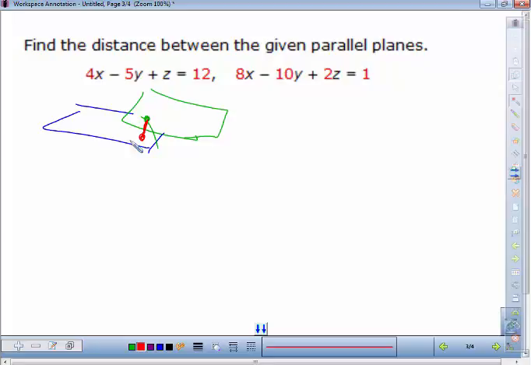Which plane should we find a point on? Doesn't matter really. The first one? The first one looks like, the second one looks like there's factors of 2 that you could take out. And if they're parallel, they should have the same or collinear normals. So if you look at their normal vectors and convince yourself they're scalar multiples of each other. And so the first plane looks like it doesn't have the scalar multiple, so it might be easier to deal with.